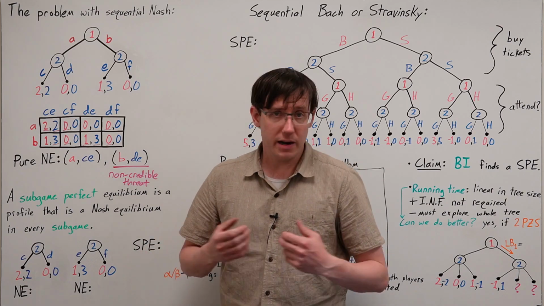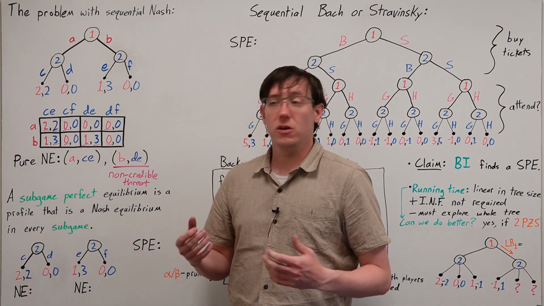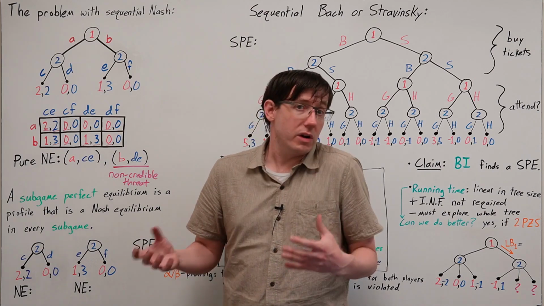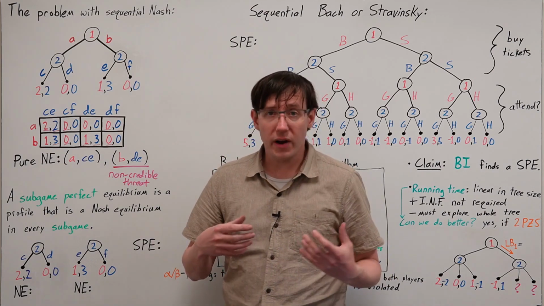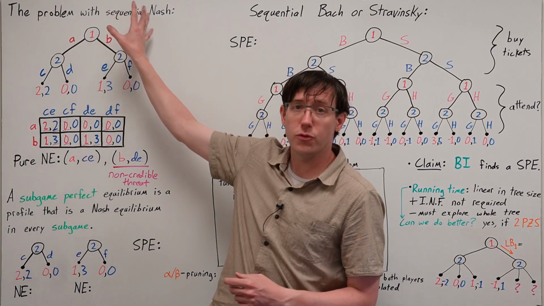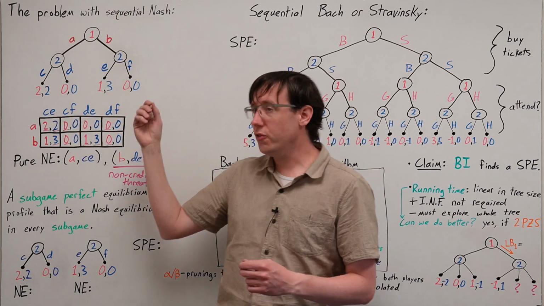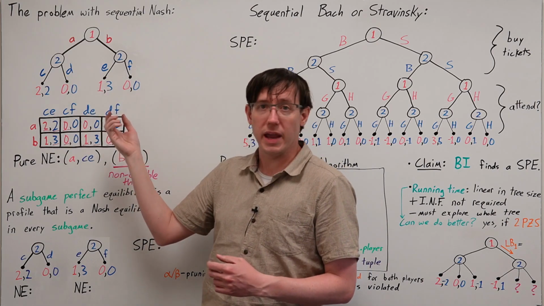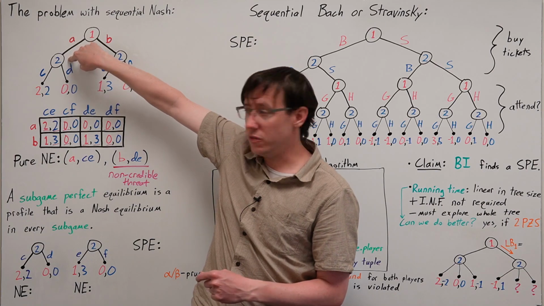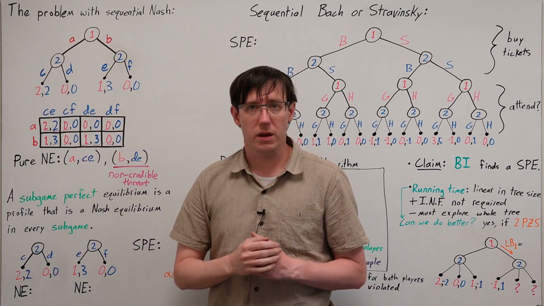Instead, we can refine our equilibrium concept by looking at subgame perfect equilibria, where we require that the profile of strategies constitutes a Nash equilibrium not just for the entire game, but also for every subgame if we were to investigate from some decision node to the bottom of the tree.